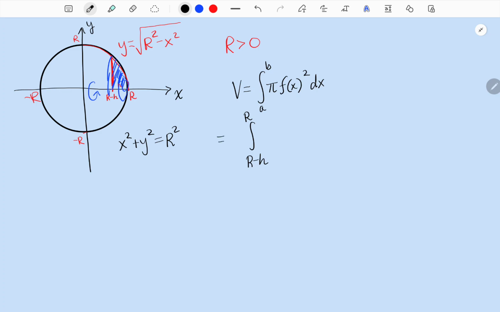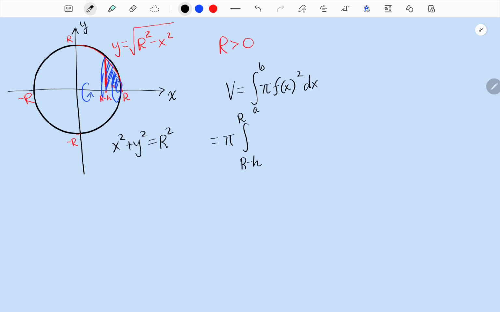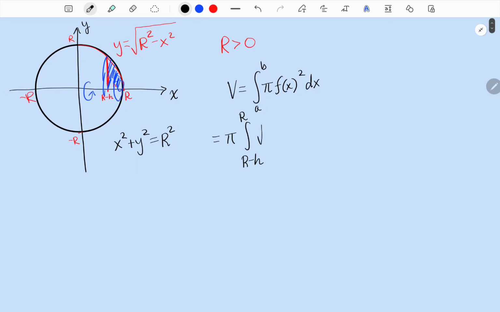Pi is a constant, so I'll take it out, and f of x is just a y value, which is the square root of r squared minus x squared, but this whole thing is squared, dx. Here, when you square root and then square, they cancel out, and you're left with this.